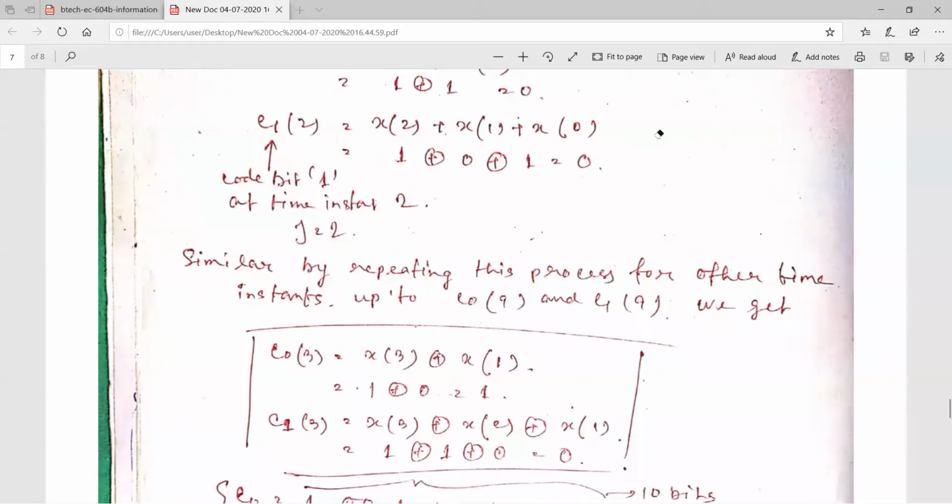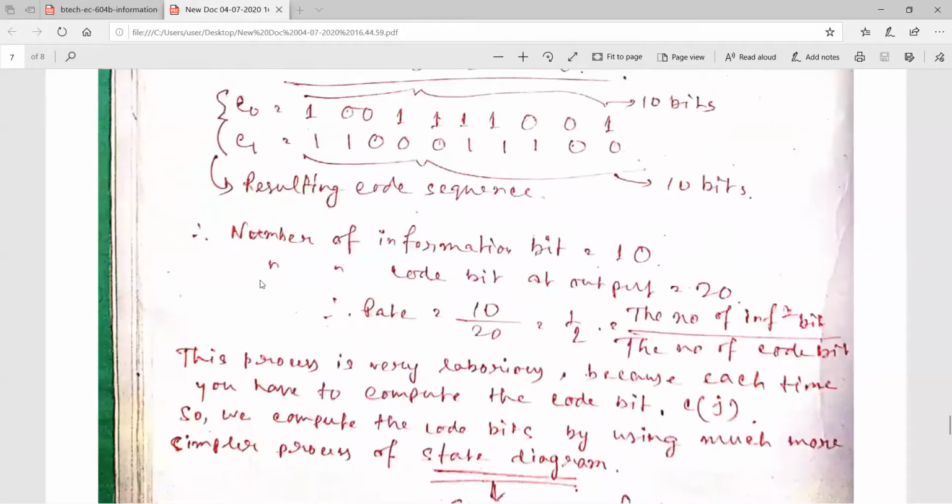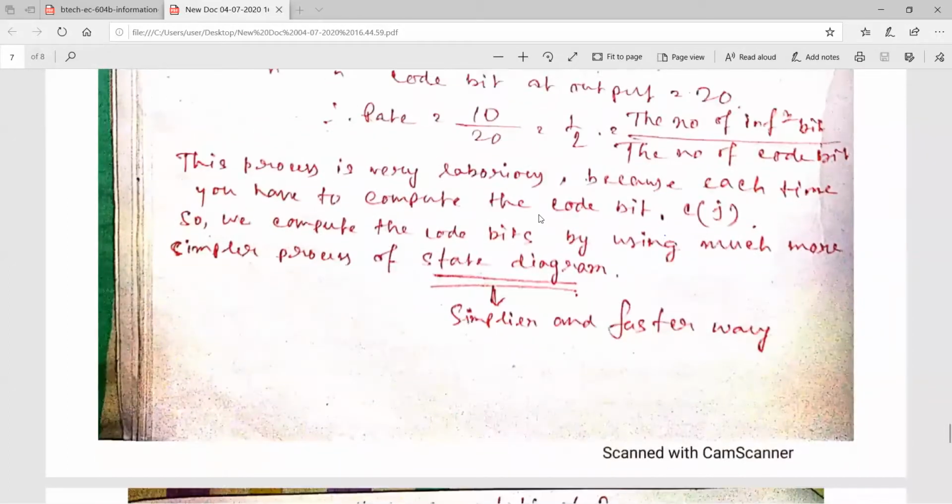So that's why the process is very laborious, because each time we have to compute the code bit, that means Cj. So we compute the code bit by using a much simpler process, or you can say a faster way, the state diagram.